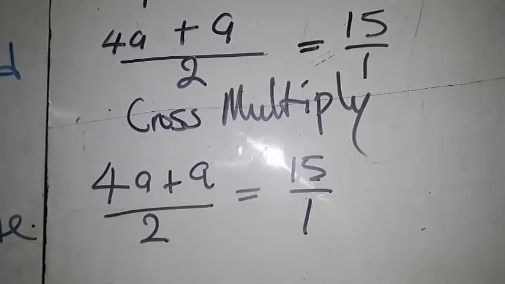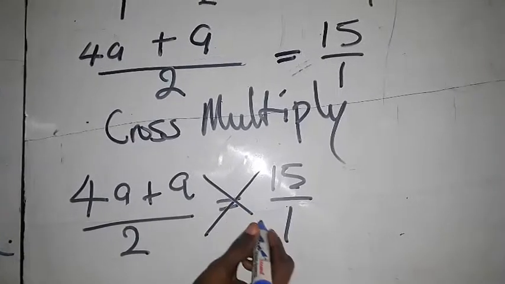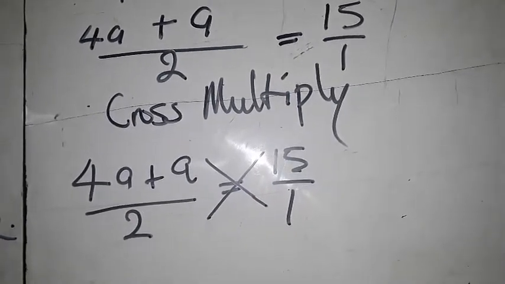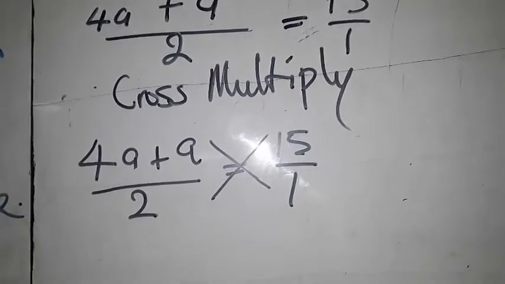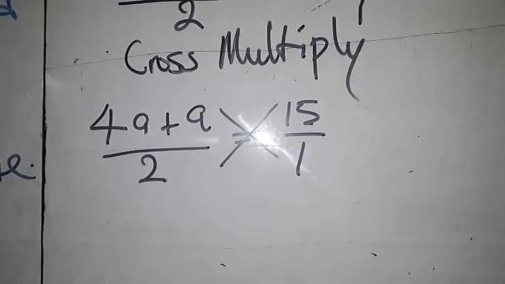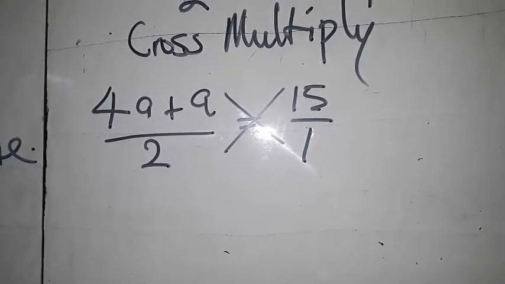Let's do our simple cross multiplication. As you know already, this one is very simple. This one cross multiplied by that. So, what does that mean? If we do the cross multiplication very well, what does it simply mean? It means that we are going to do it in a way that will be very interesting.